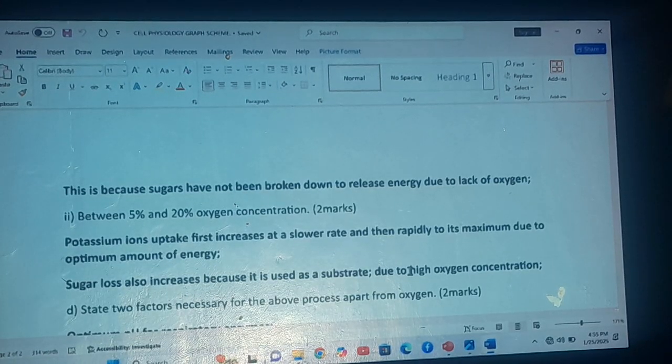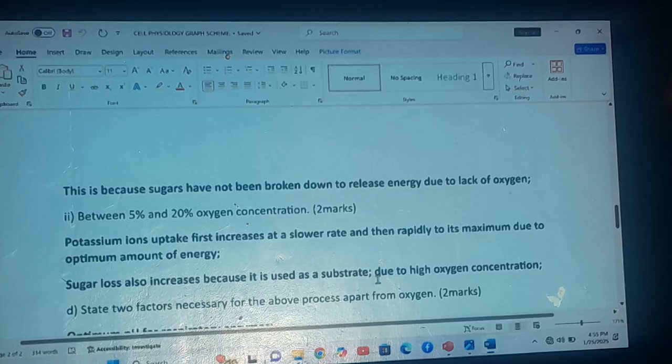Then state factors necessary for the process apart from oxygen concentration. We have optimum temperature, optimum pH, and substrate concentration. Even we have the enzyme inhibitors.